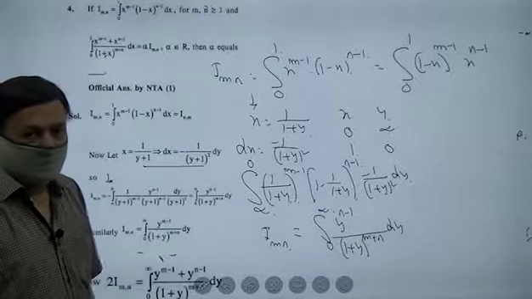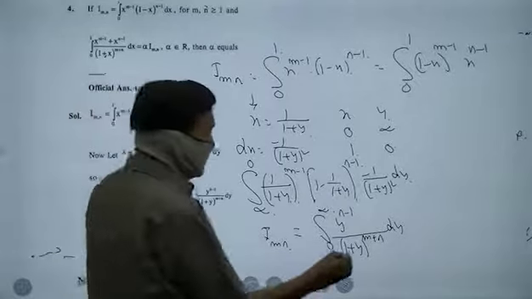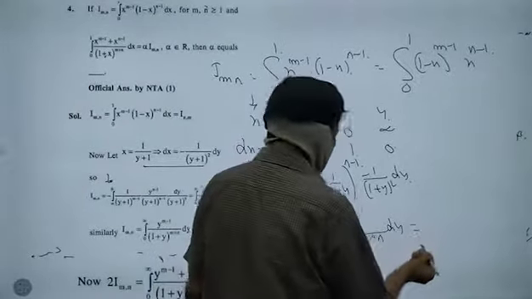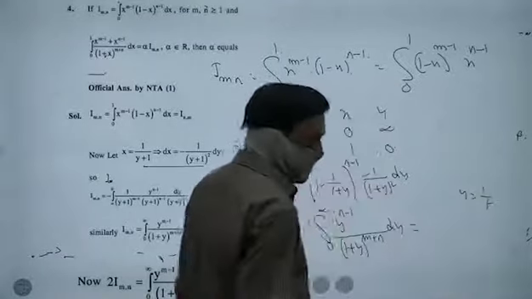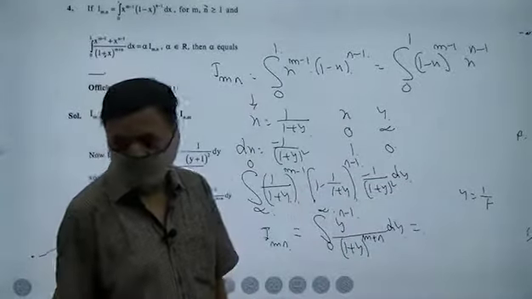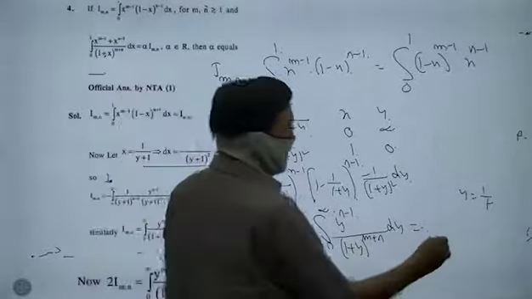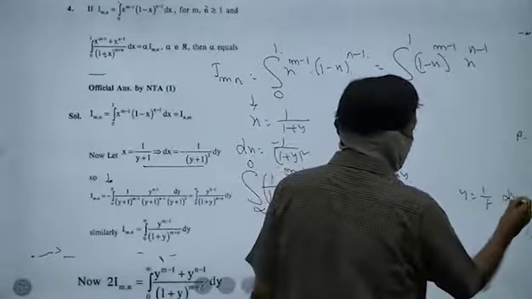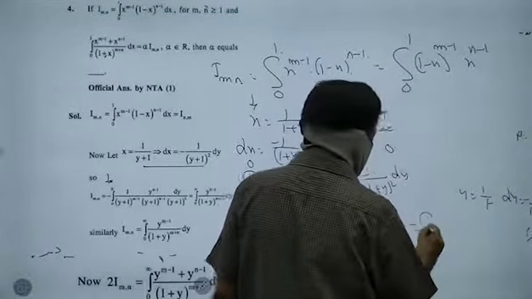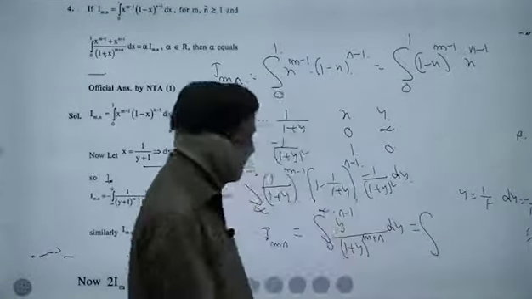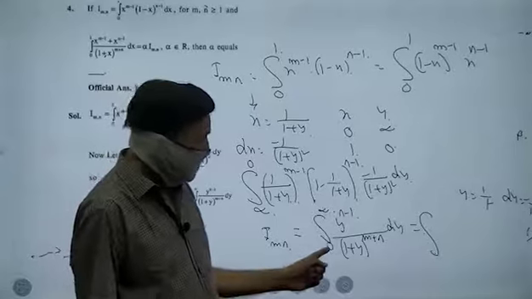Yes, I hope you are all following this. Now this is also learned. You put y is equal to 1 by t. Then you are going to get dy is equal to minus 1 by t square dt. Listen, when y is 0, t is what?